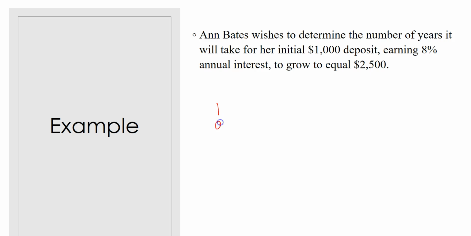So here today we have deposited $1,000. This is a negative because we took money out of our pocket and put it into a savings account. We want to know how long it will take for that investment to grow to $2,500. So our N, M times N, our M is 1.